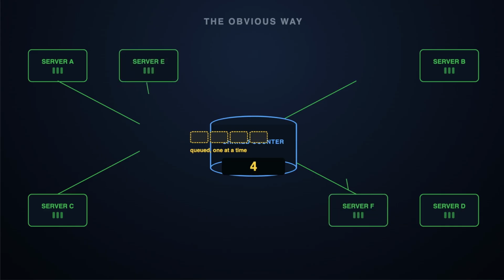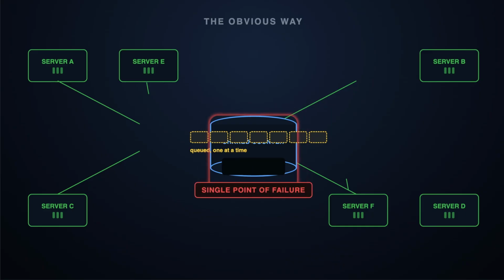Add more servers to handle the flash sale, and they are all still queued up waiting on the one counter. That counter is now a bottleneck. And if it goes down, nobody can create an order.